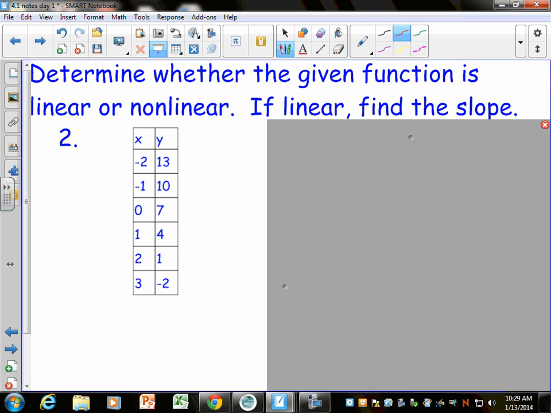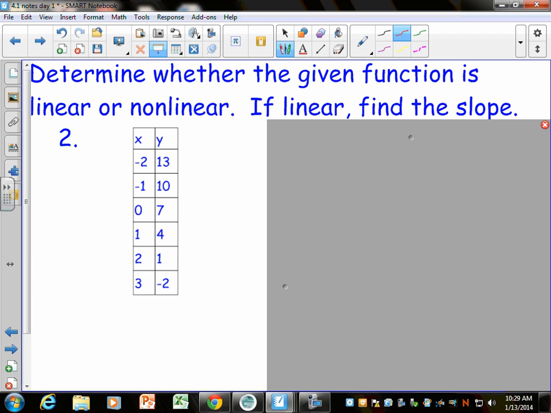If linear, find the slope. The big thing is that linear functions have a constant rate of change, where the slope should always be the same.